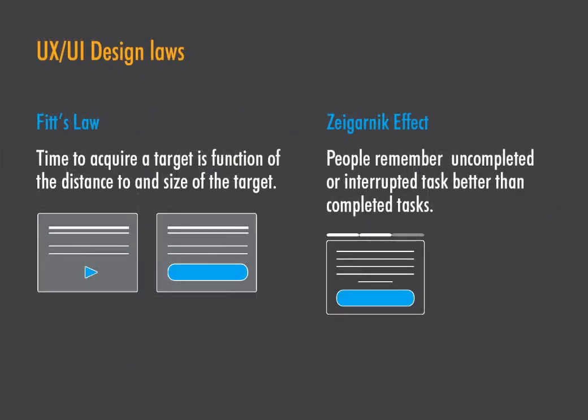The next is Fitts' law. This law is actually a predictive model of human movement, primarily used in human-computer interaction, HCI.